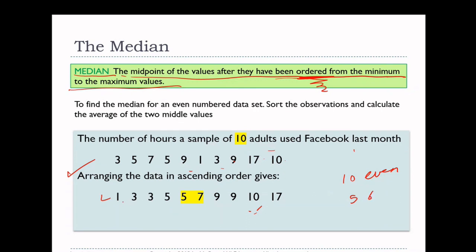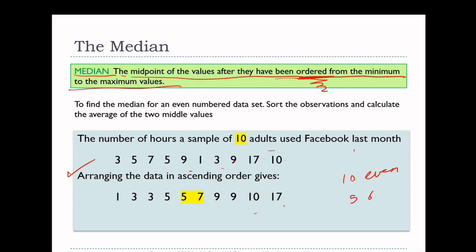Counting 1, 2, 3, 4, 5, before it there are 4 numbers and after it 5 numbers, which is not accurate.